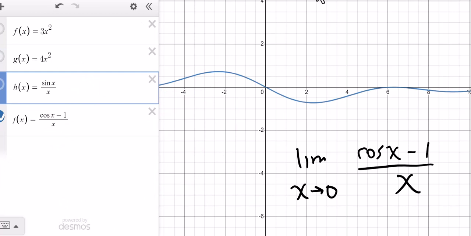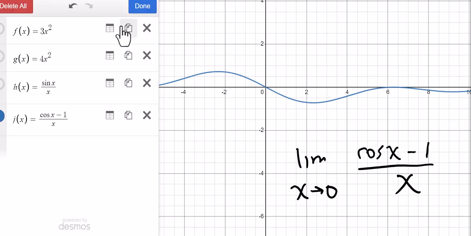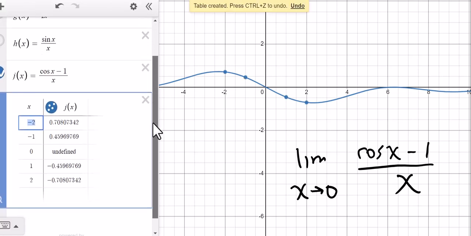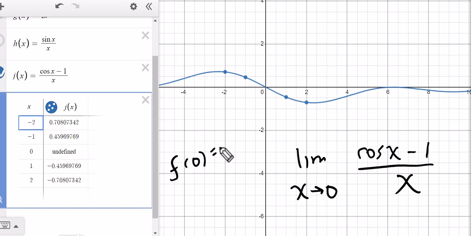Now, we're starting you off easy on limits that actually work. And I'm going to explain that a bit after we look at this one. So here's h. Let's look at the table for that. And this is nice because we're looking for 0. And so it's already set at 0 for us, right? We see that it's undefined. So we know that for this function, f of 0 is undefined. Great.